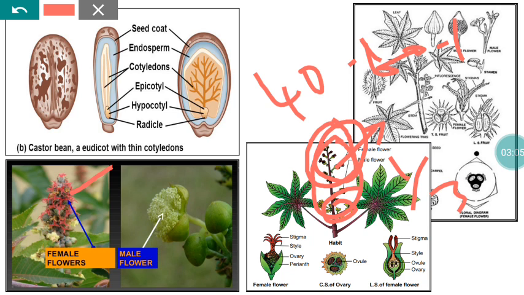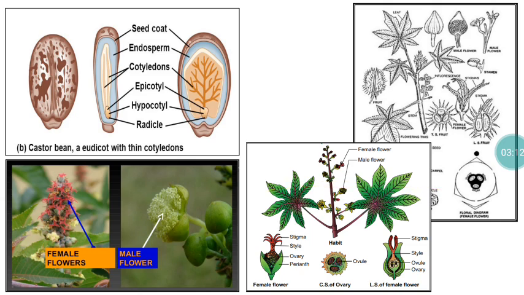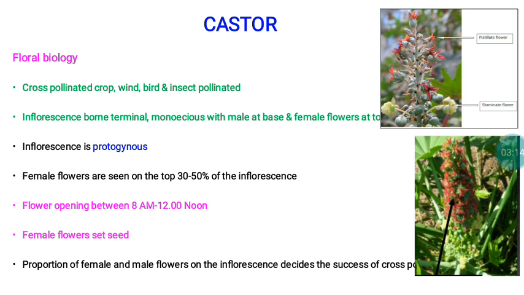So male and female flowers are produced separately, but both are there on the same spike. Because of this, it is highly cross-pollinated. The main pollinating agents are wind, birds and insects, and the inflorescence is produced mainly at a terminal part.